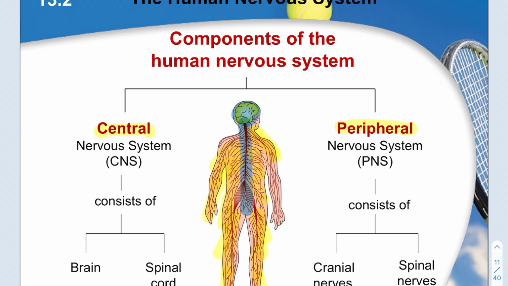They also contain two main portions, cranial nerves and spinal nerves. Cranial nerves are nerves that are connected to the brain, whereas spinal nerves are those that branch out from the spinal cord. Generally, the upper part of the body tends to be controlled by your brain and the cranial nerves, whereas the lower part of your body tends to be controlled by the spinal cord or the spinal nerves.